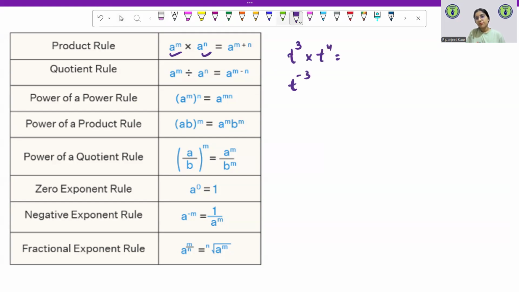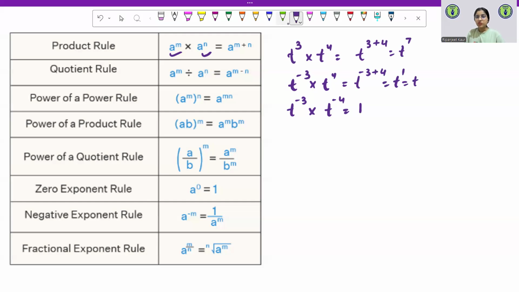And now if we make them negative as well, we take that example, t raised to power negative 3 times t raised to power negative 4. So the rule remains same, that the base is same, powers get added. Then normal addition rules apply. 3 plus 4 is 7. Negative 3 plus 4 is 1, which is nothing but t.